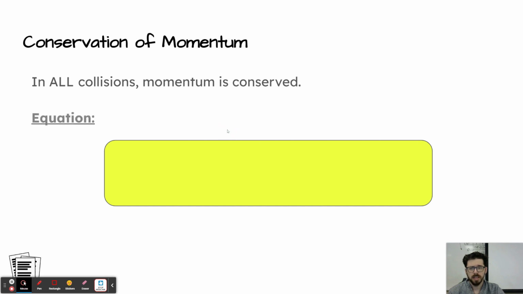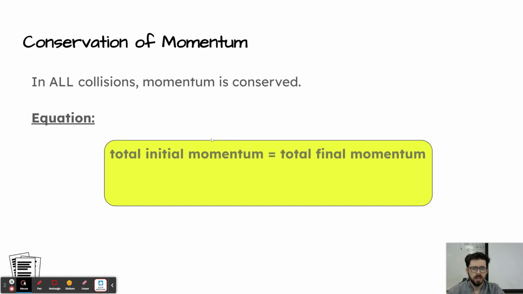The way you can write that equation is that the total initial momentum is going to equal the total final momentum. This was introduced to you with the simulation. I wrote P tot, where tot stands for total and I stands for initial. So P total initial is equal to P total final.